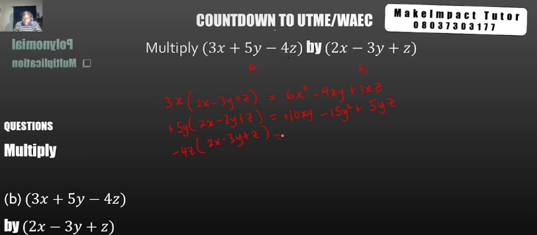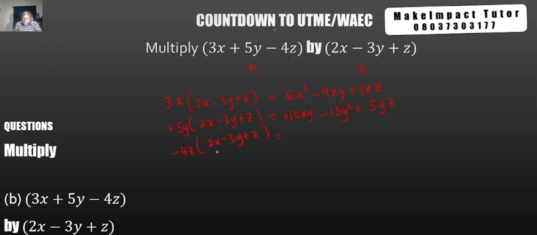Then in the third line, I have minus 4z times 2x, that's going to be minus 8xz, and then minus 4z times minus 3y, that's going to be plus 12yz, and minus 4z times plus z, that's going to be minus 4z squared.